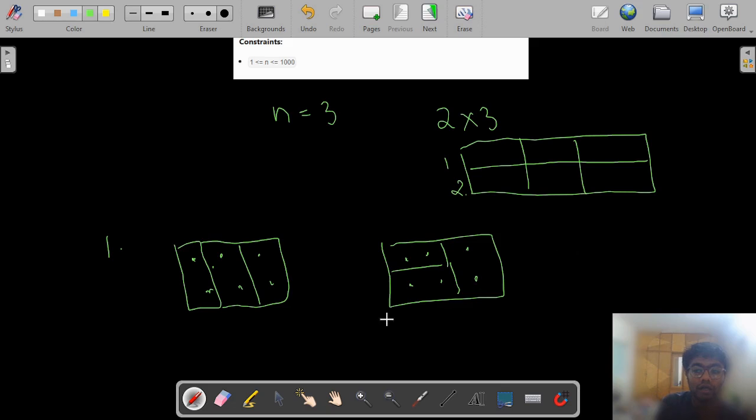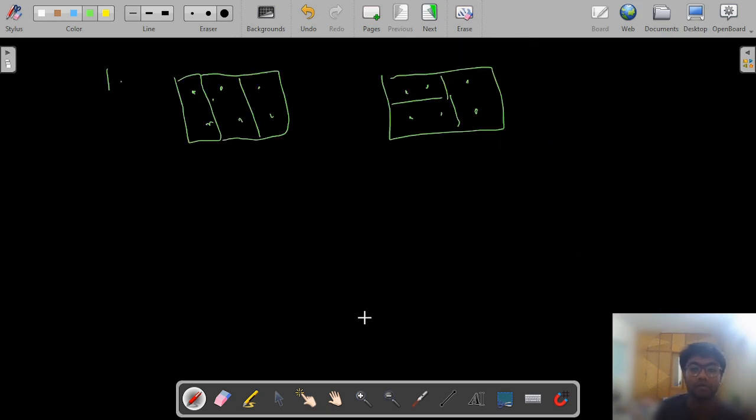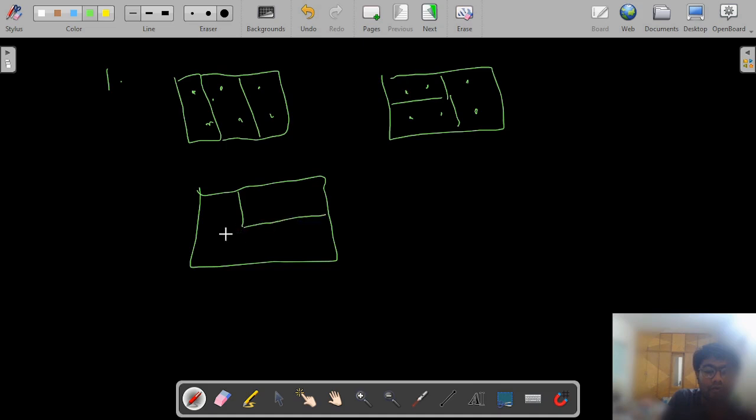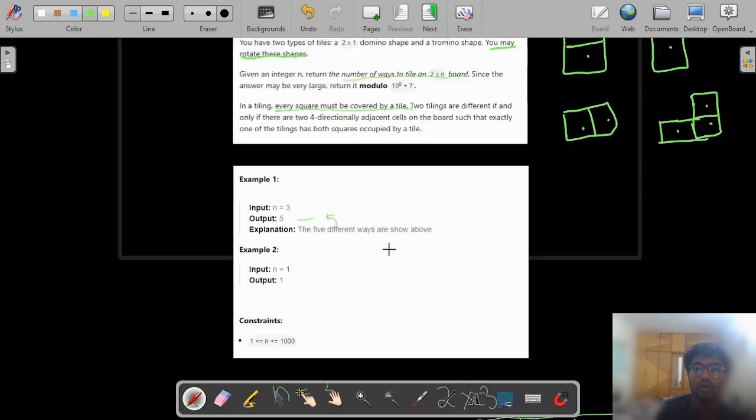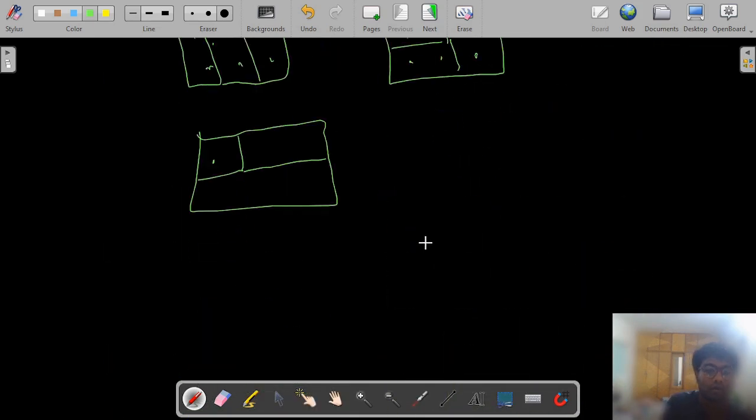Another way is to use a tromino, where this is a tromino and this is another tromino.